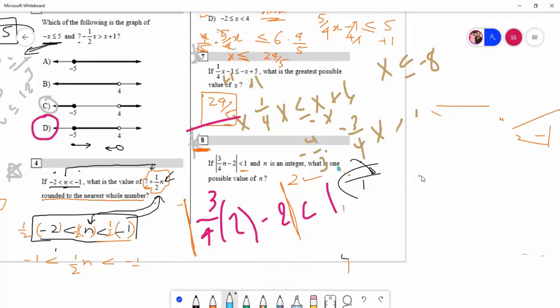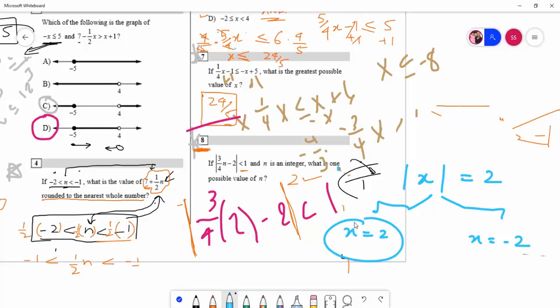For example, the absolute value of x is equal to 2. Then I will decode it: x can be either 2 or negative 2. Why?